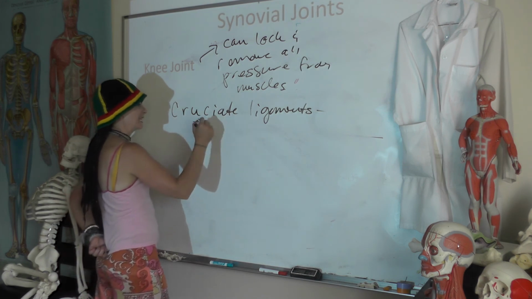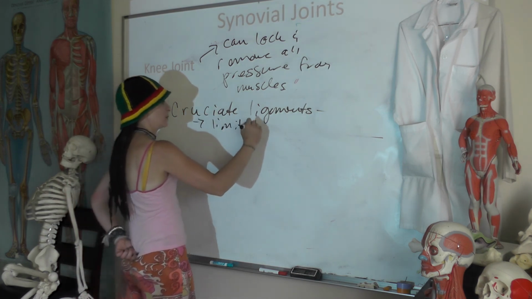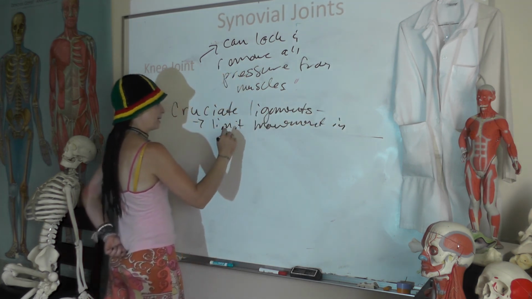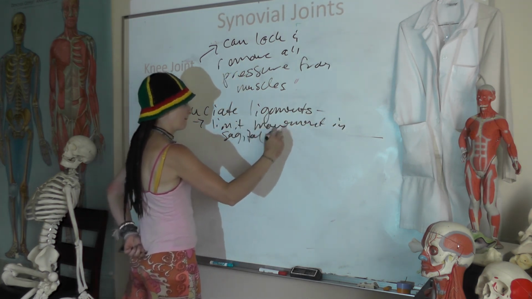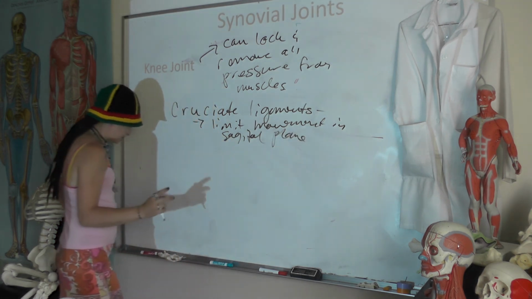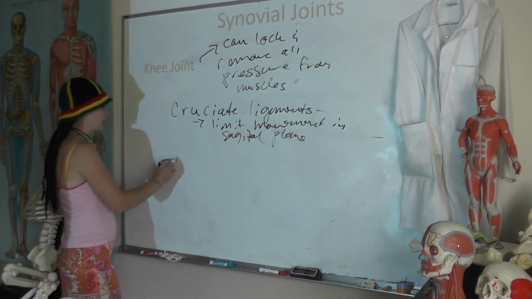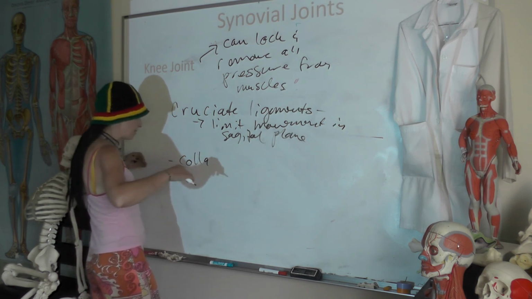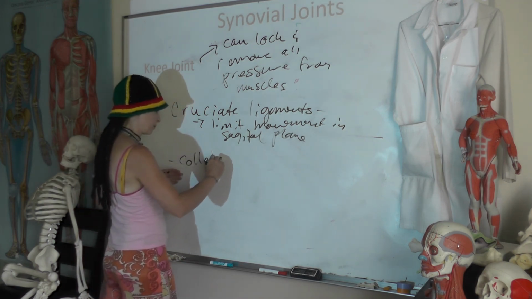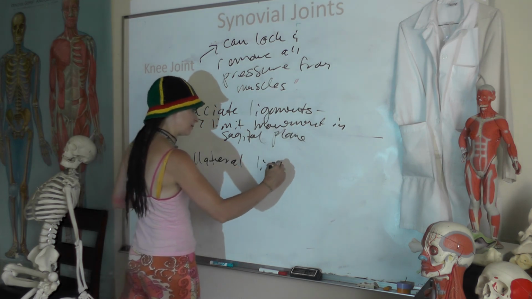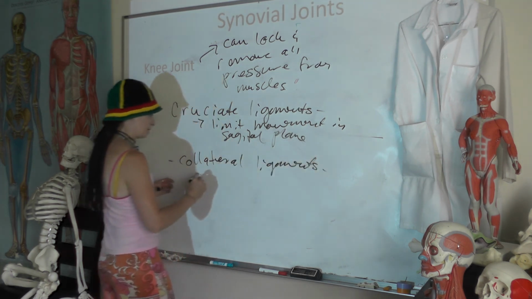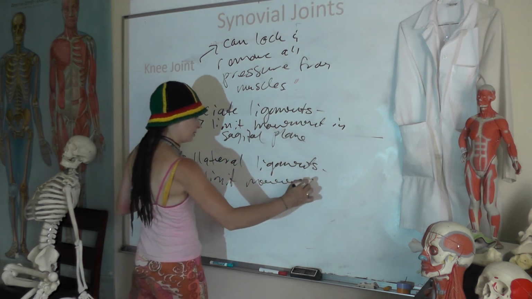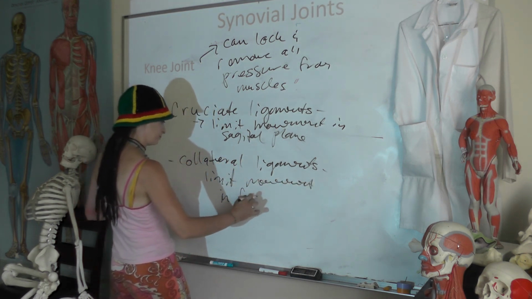So our cruciate ligaments limit movement in the sagittal plane. And then the second type of ligaments that we have are the collateral ligaments, and they limit movement in the frontal plane.